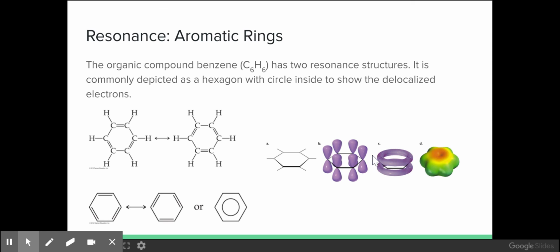They almost form a perfect circle of movement of electrons throughout the molecule. Benzene, C6H6, is a very common example of resonance because those electrons can just keep moving, and those carbon atoms do not have a bond length or a bond strength of a single or a double bond. It's more of a 1.5 bond character.